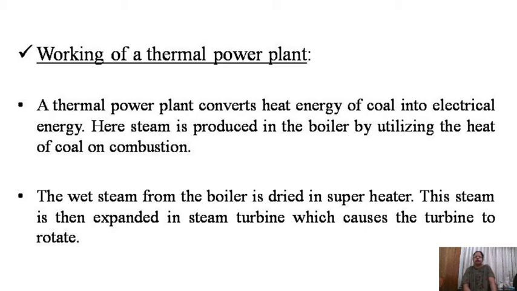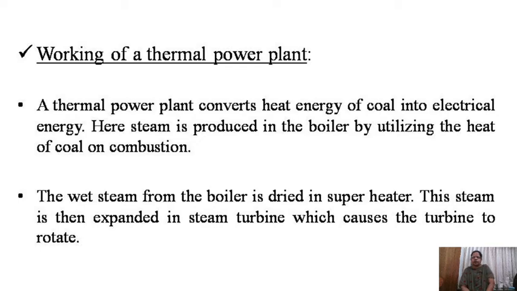That is the working of the thermal power plant. In the thermal power plant, heat energy of coal is converted into electrical energy. Here, the steam is produced in the boiler by utilizing the heat of the coal on combustion. The wet steam from the boiler is dried in a superheater.